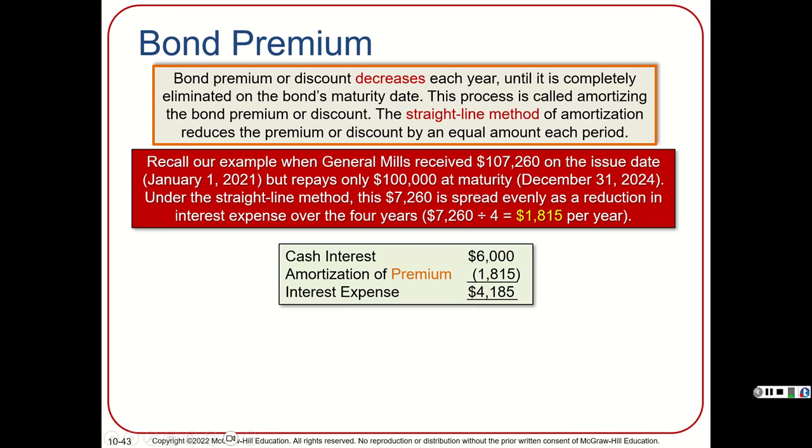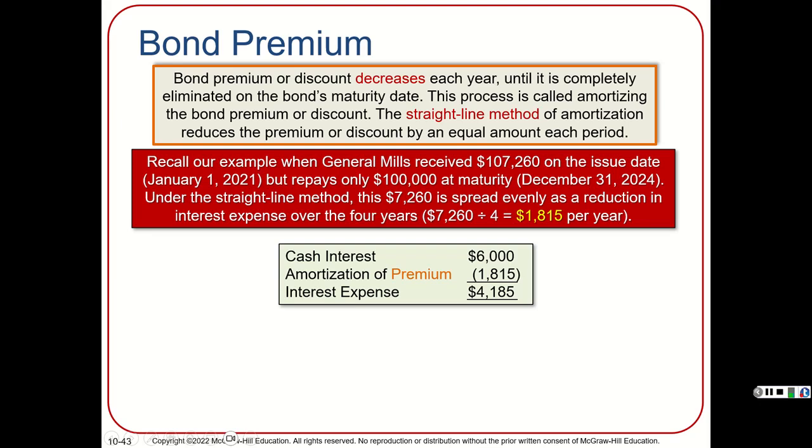So the $72.60 divided by 4 is $18.15 per year. So remember, the stated interest rate was 6%. So the interest for $100,000, which was the face value of the bond, is $6,000. Because the investors gave an additional $18.15, the company's interest expense is lower at $41.85.